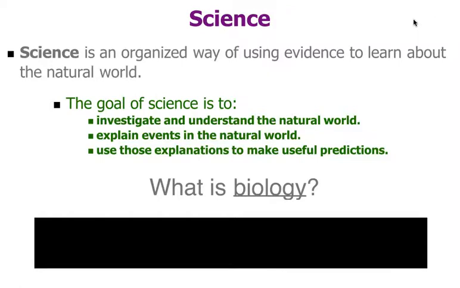A good example of why we need to do science so that we can make predictions is to think about the flu virus. Many of us have had the flu before. But it took many, many years for scientists to figure out what it was and why it made people sick, how it works.